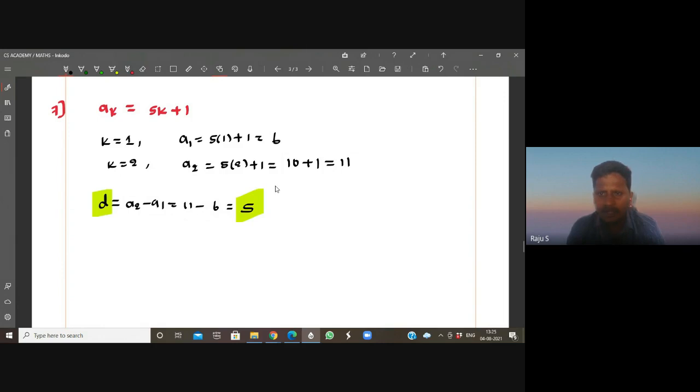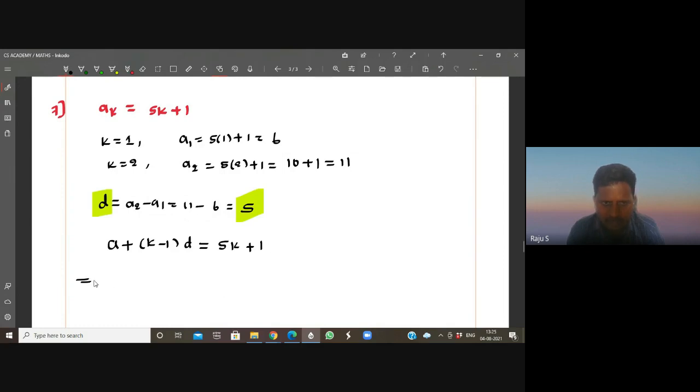The d value is clear. Then how can you find the a value? The kth term is ak. What is the ak formula? Ak is equal to a plus k minus 1 into d, which is equal to 5k plus 1. Clear, students?